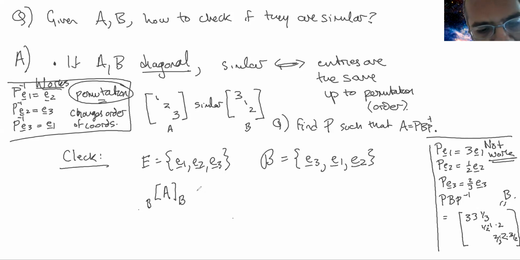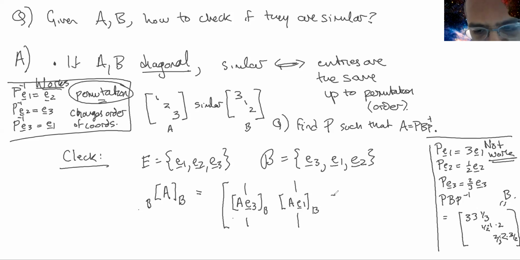Well, that's going to be A times E3 in the B basis as the first column. The second column is A times E1 in the B basis. And the third one is A times E2 in the B basis.